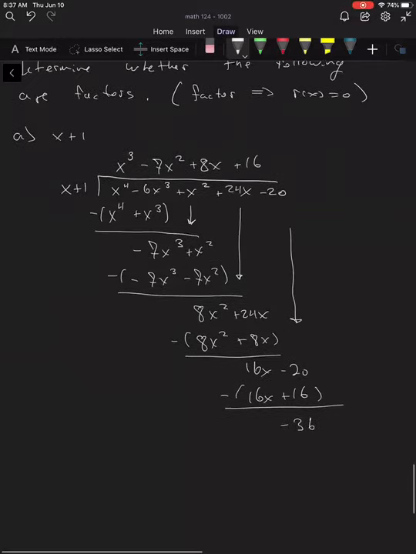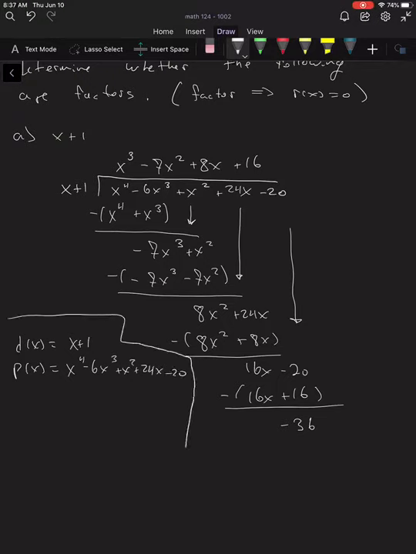So in this problem, we see that our d of x is equal to x plus 1. P of x is equal to x to the 4th minus 6x cubed plus x squared plus 24x minus 20. The q of x, which is the piece on top, is x to the 3 minus 7x squared plus 8x plus 16.